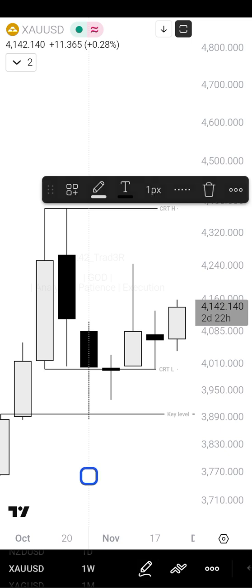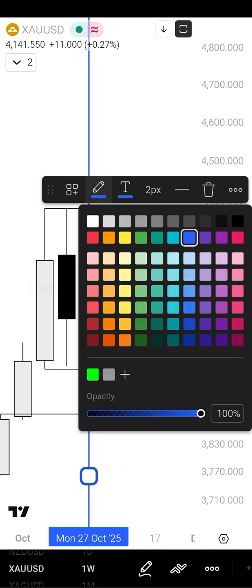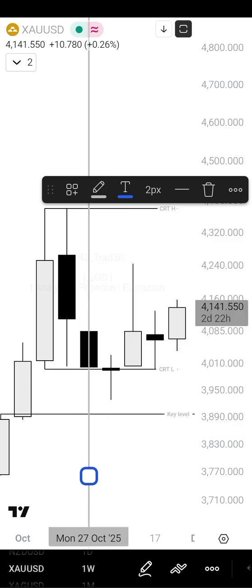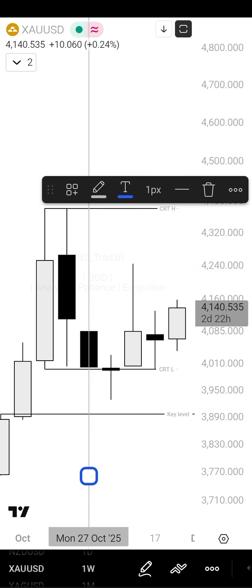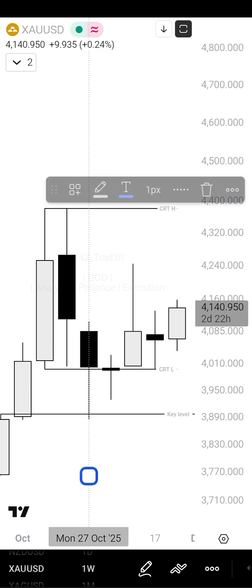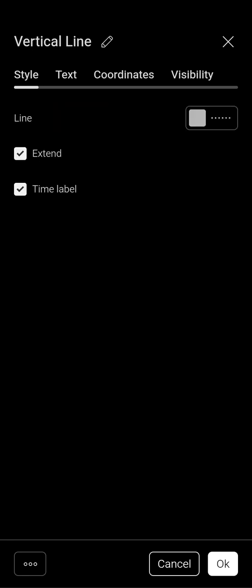I hope you can see this vertical line here. For the sake of this episode, let me use the default template.